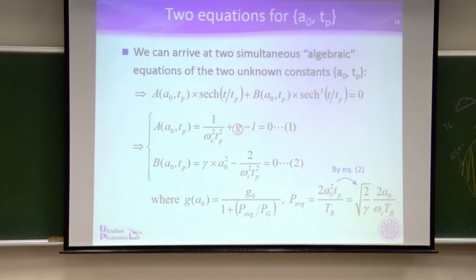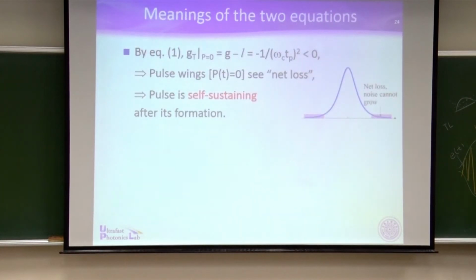This is equation 1. If you don't pay attention, it's simply a mathematical equation. It does not make sense for you. But can you give equation 1 some physical interpretation? The answer could be like this.